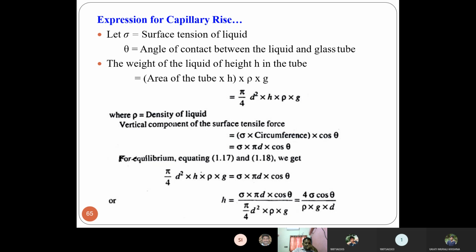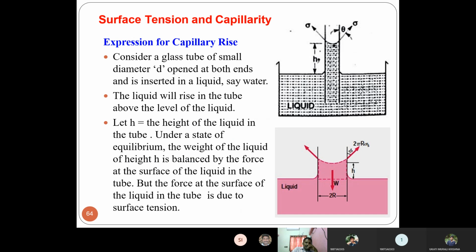Okay, what is the expression for capillary rise? Why are we calling it a capillary rise? In a glass tube, the water level rises from the surface to a height of h. That is why we are calling it a capillary rise.